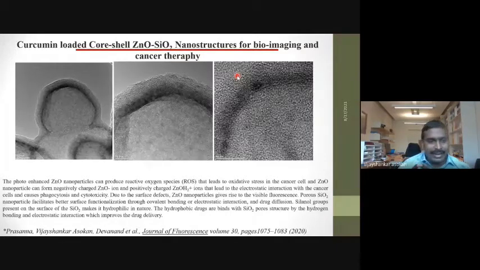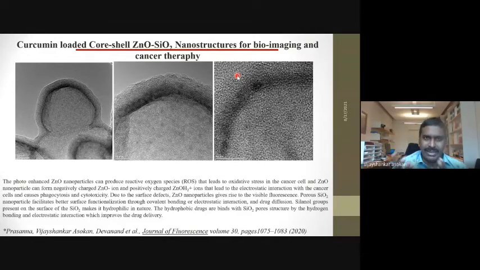Porous silicon dioxide nanoparticles facilitate better surface functionalization through covalent bonding or electrostatic interaction, and drug diffusion. The silanol groups present on the surface of silicon dioxide make it hydrophilic in nature. So these hydrophobic drugs bind with silicon dioxide pore structures by hydrogen bonding and electrostatic interaction, which improves the drug delivery system.